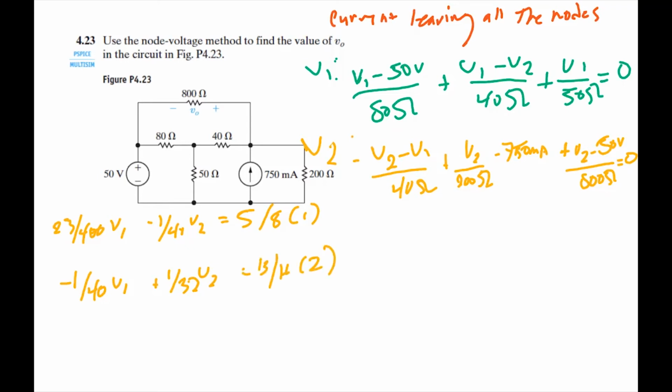Then you would just solve those systems of equations, and you'd get V1 equal to 34 volts and V2 equal to 53.2 volts.